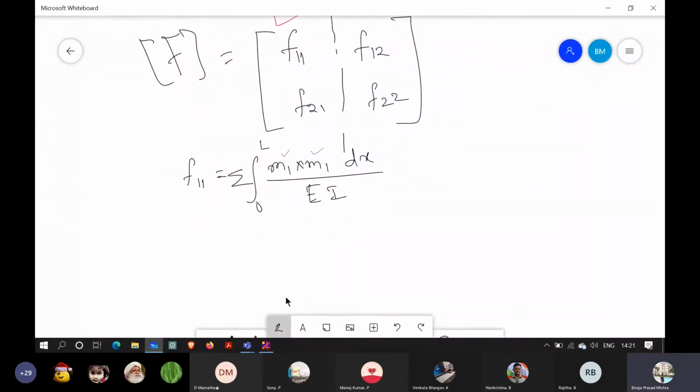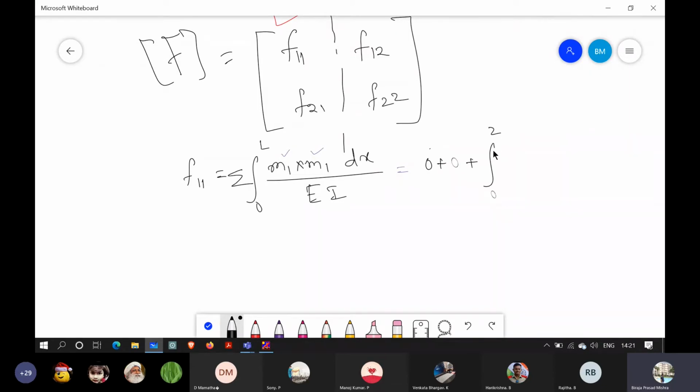Okay, so this F11 equals, so the first one is 0 plus 0 plus integration 0 to 2 x square into dx by 2EI, plus integration 0 to 2 x plus 2 whole square into dx by 2EI.